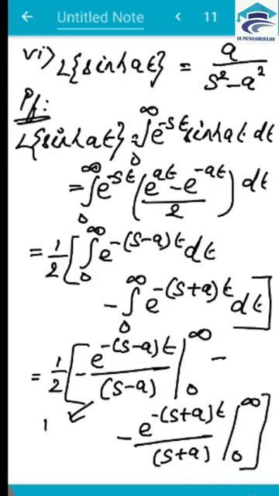So this term will become 1 by s minus a, and this term will give 1 by s plus a. Let me write this properly. That is half, which you have in common, into 1 by s minus a minus 1 by s plus a.